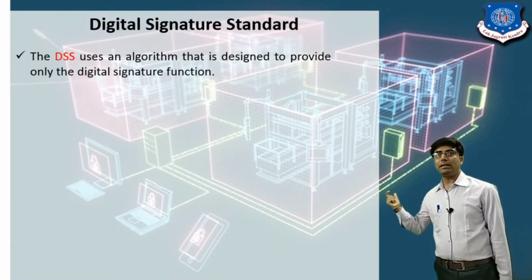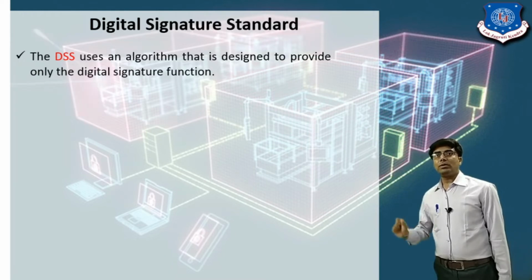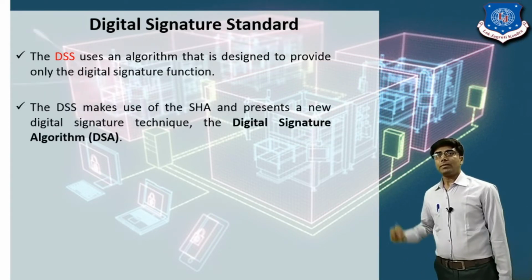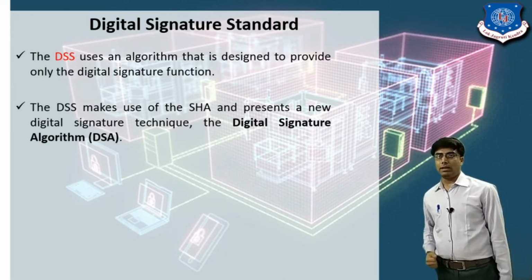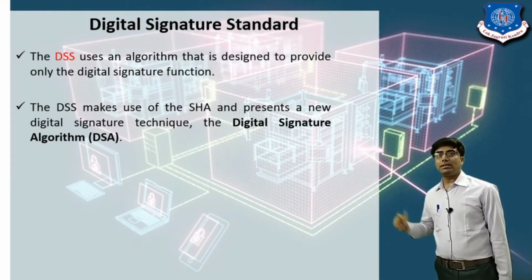In the previous session we have seen SHA-512, and in this DSS we will use the SHA algorithm. So the DSS makes use of SHA and presents a new digital signature technique. It is called the digital signature algorithm.